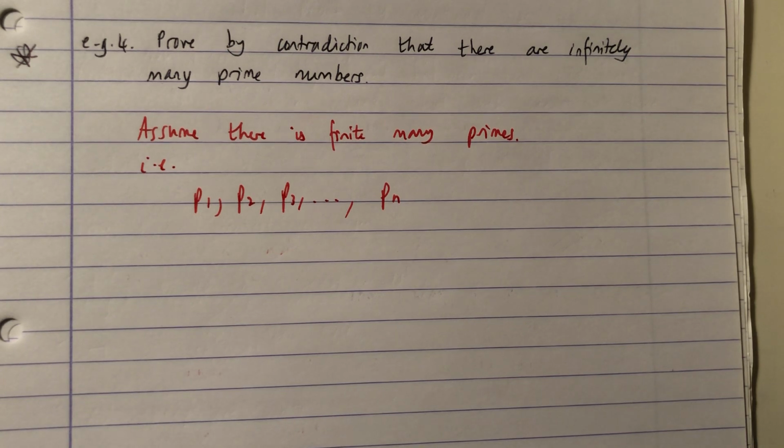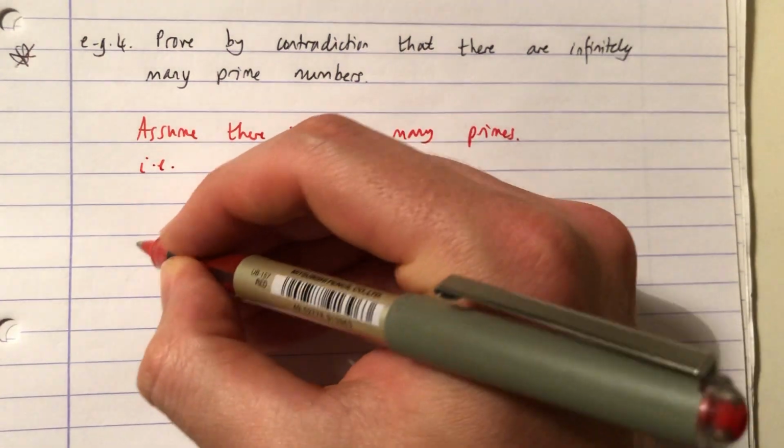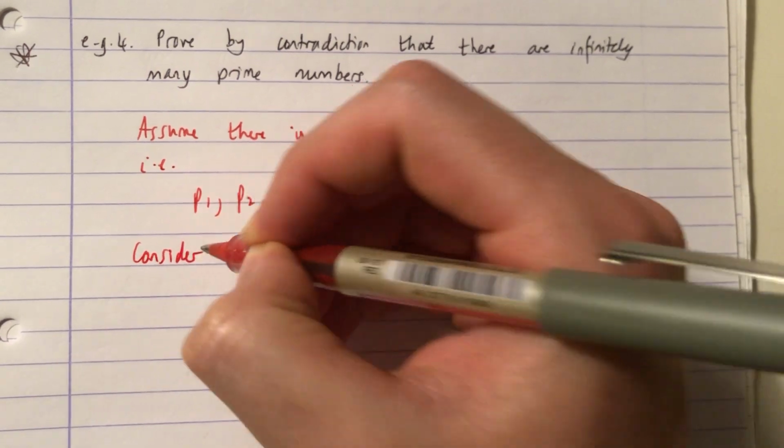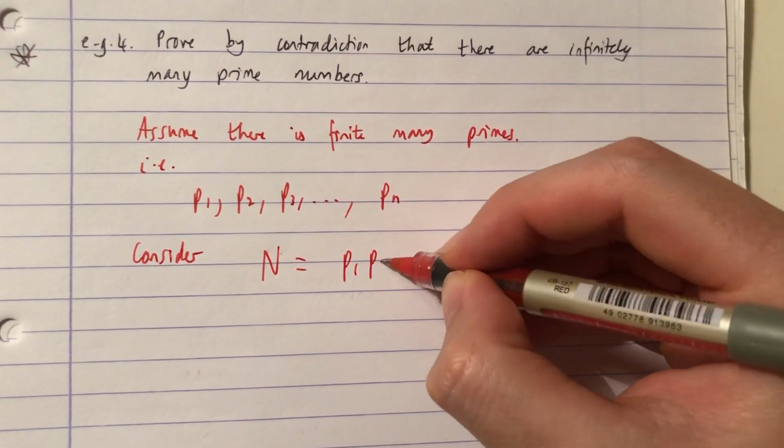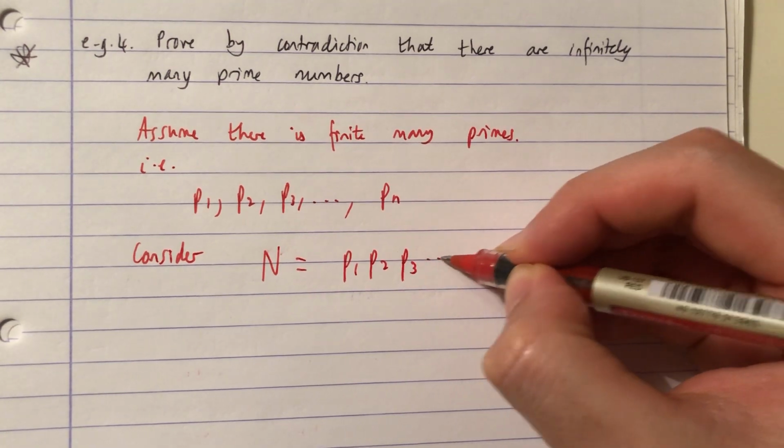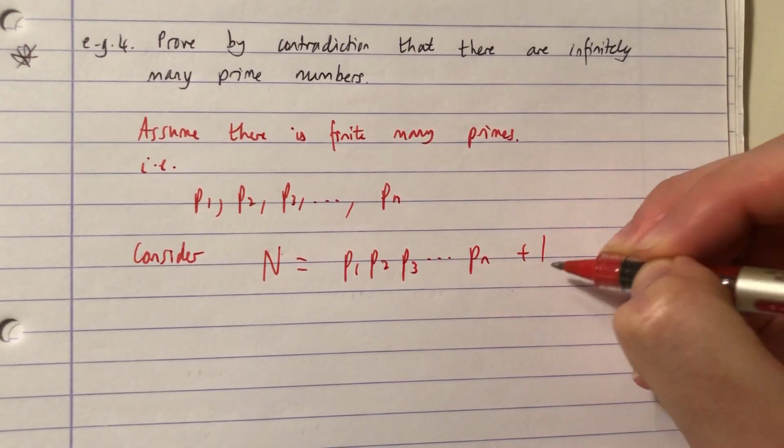Obviously there are infinitely many primes, so we need to somehow come up with a contradiction. So I've got to try and come up with a new prime which is not in this list. And the way to do it is considering the following, which is the product of all of the primes plus 1.